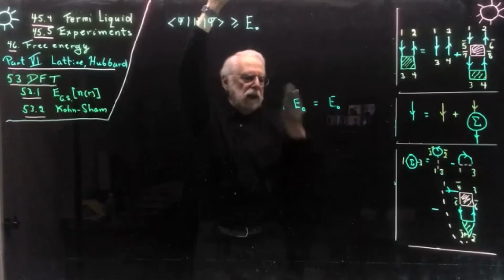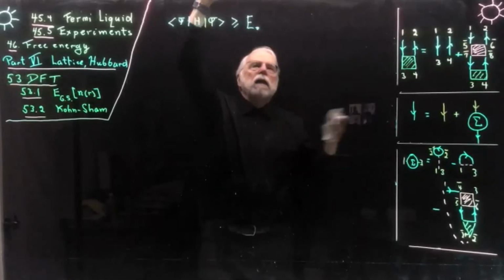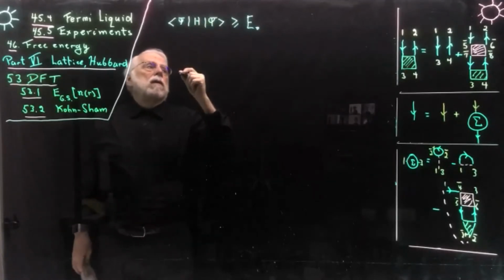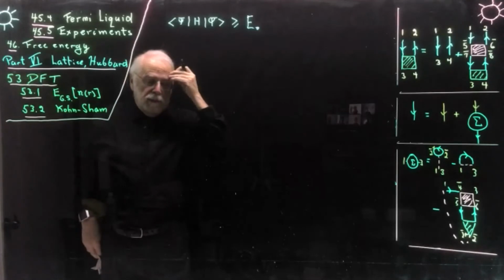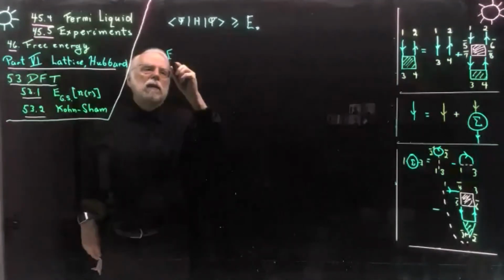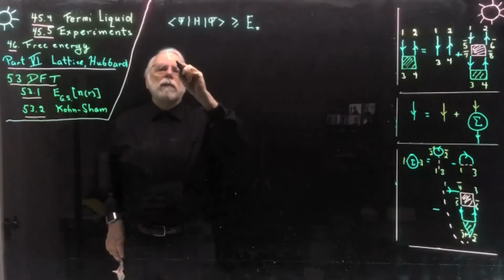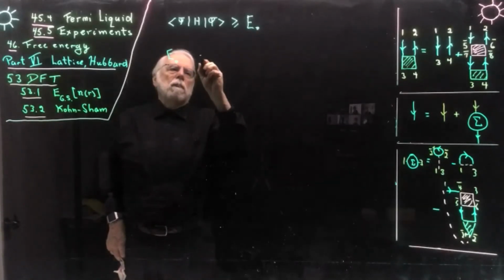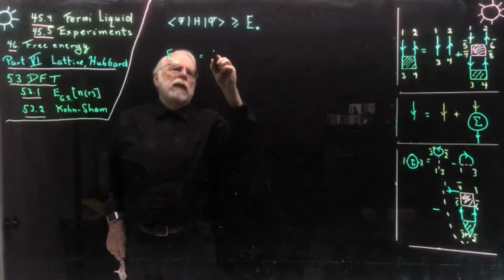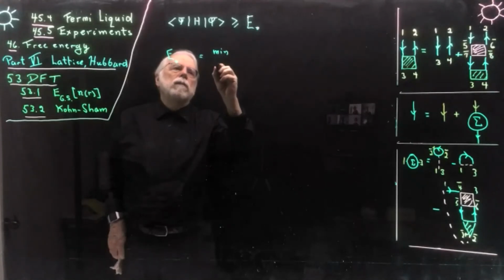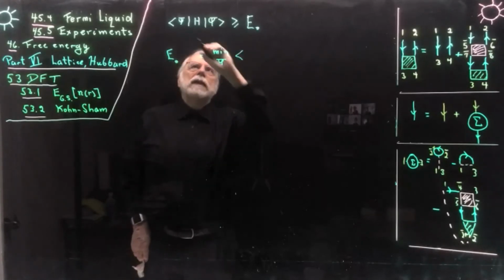So we start like this. We want to say that the ground state energy E0 is equal to the minimum over all wave functions psi of this expression.